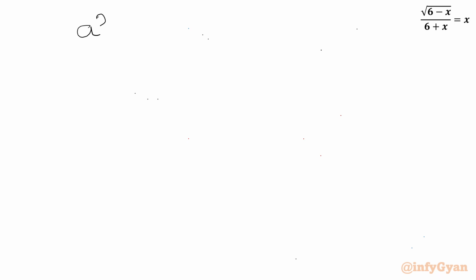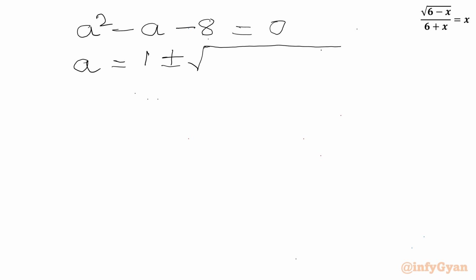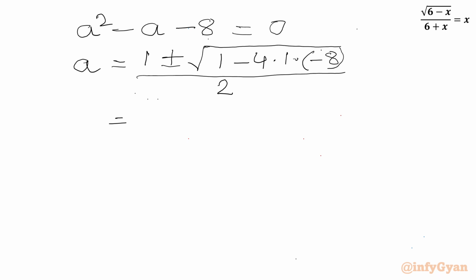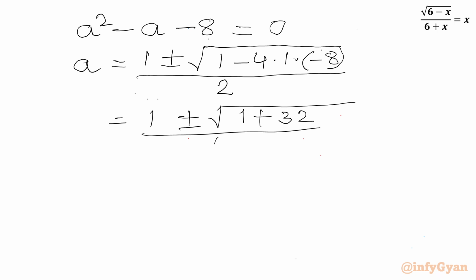So I will write a square minus a minus 8 equal to 0. a will be equal to minus of -1, so 1 plus minus square root of -1 square is 1 minus 4 times 1 times -8 over 2 times 1 is 2, or I can write 1 plus minus square root of 1 plus 32 over 2, or I can write 1 plus minus square root of 33 over 2.